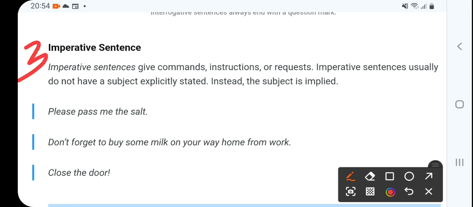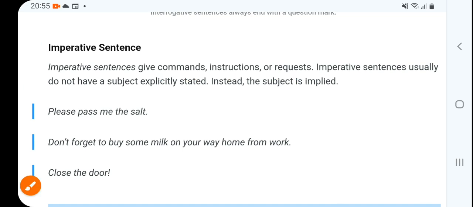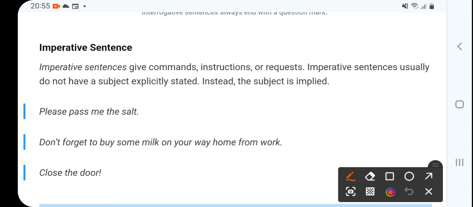Now imperative, very important. Imperative sentences give commands, instructions, and requests. Imperative sentences usually do not have a subject explicitly stated. Instead the subject is implied, which means hidden.